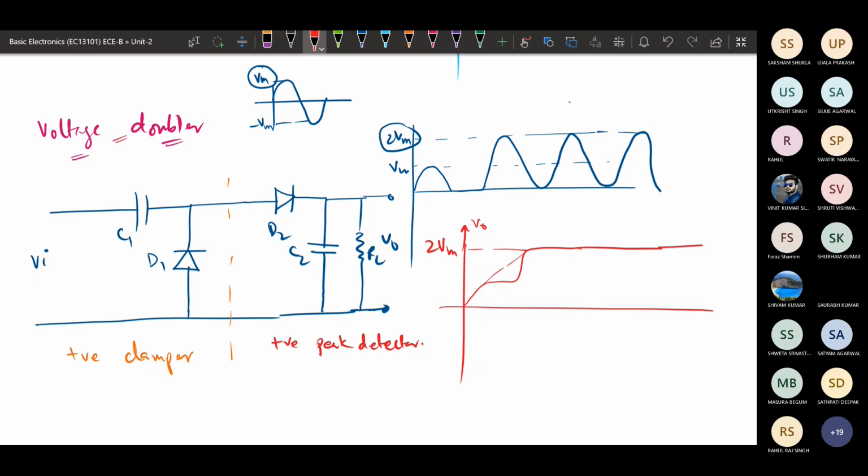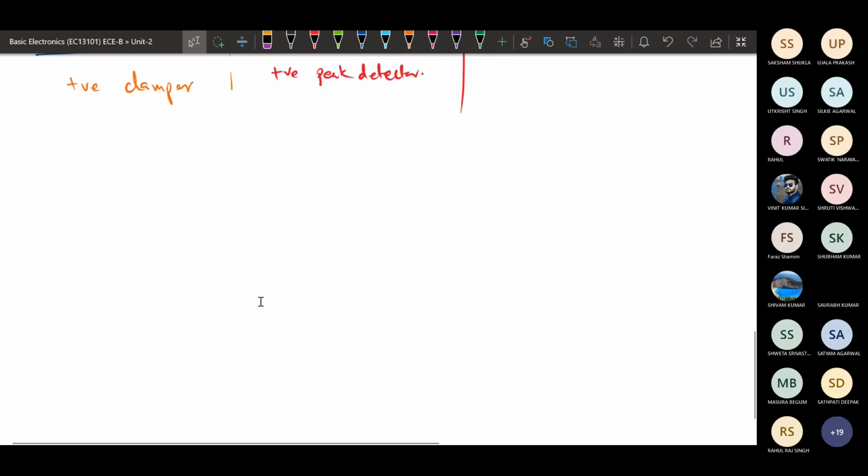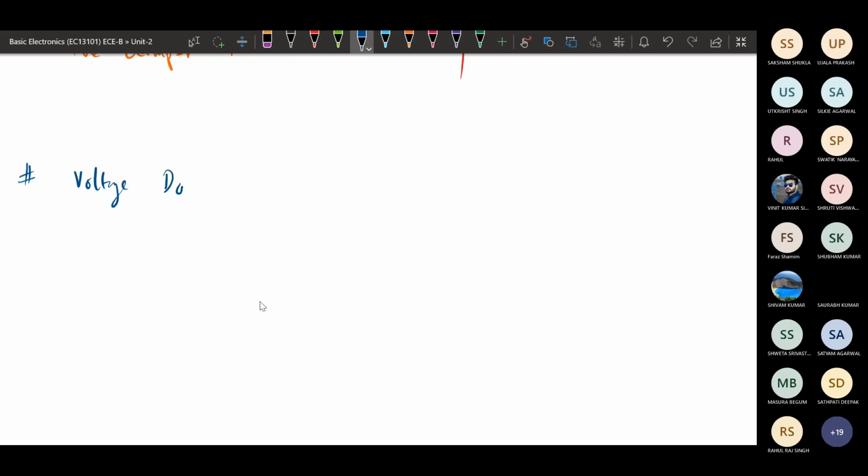Okay. Another case of voltage doubler that we can implement by using rectifiers, similar to a rectifier circuit. So another case of voltage doubler, case 2 we can just call it.